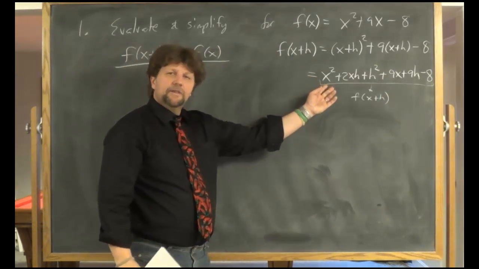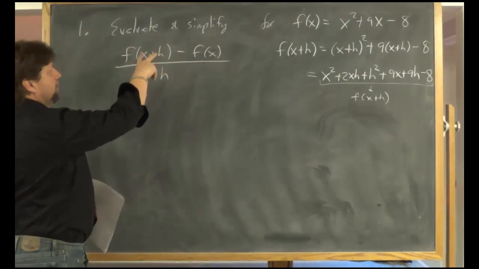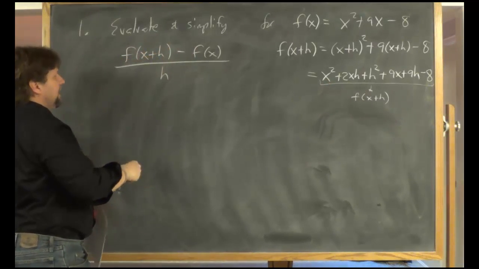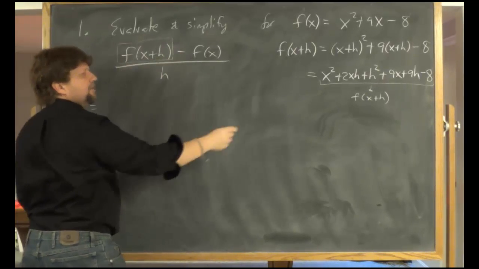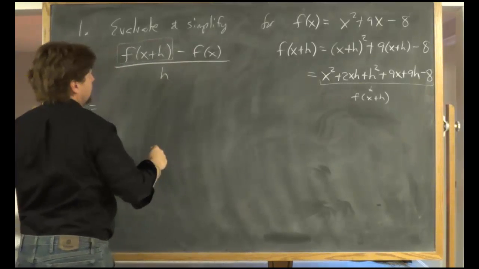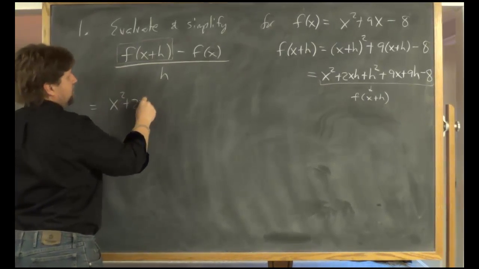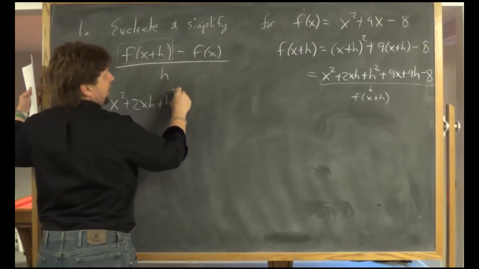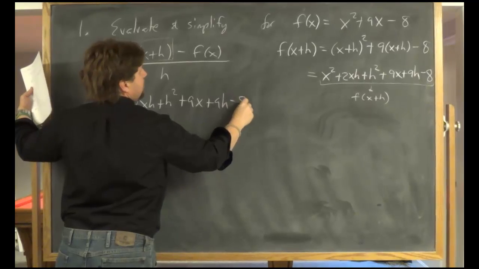So now since that's the f of x plus h, we'll put it right in here for the f of x plus h. So f of x plus h, it's this mess. So that's x squared plus a 2xh plus an h squared plus a 9x plus a 9h minus 8.